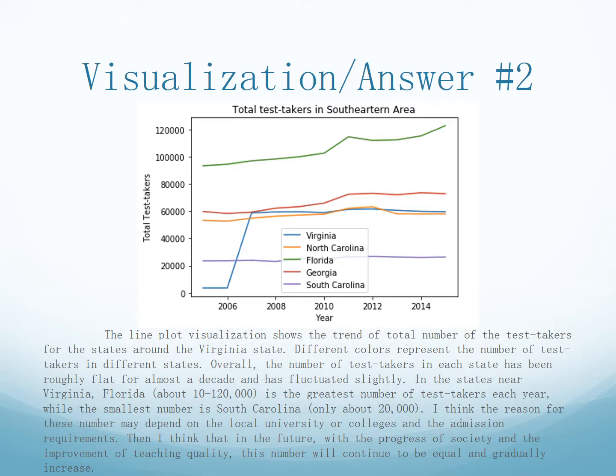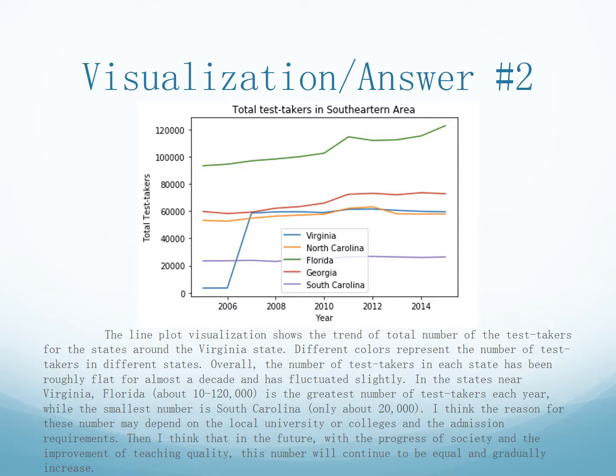Overall, the number of test takers in each state has been roughly flat for almost a decade and has fluctuated slightly. In the states near Virginia, Florida has the greatest number of test takers each year, about 100,000 to 120,000, while the smallest number is South Carolina.